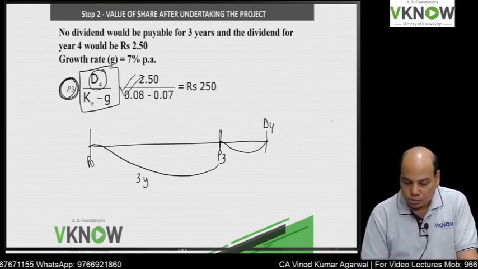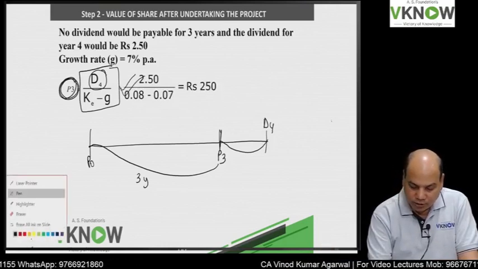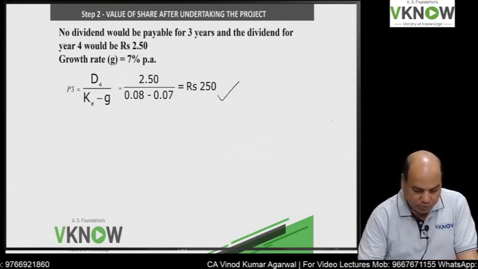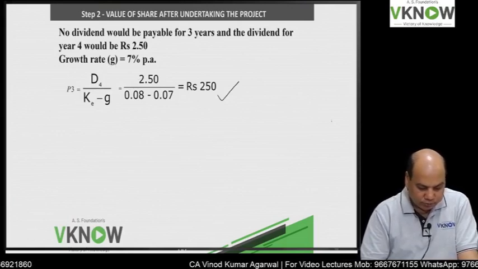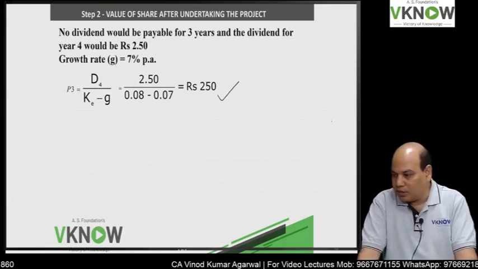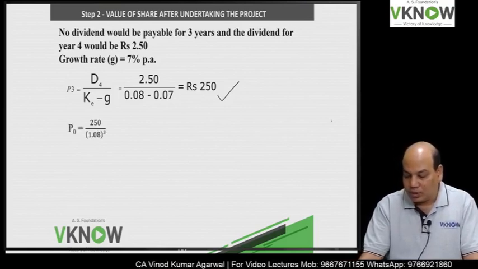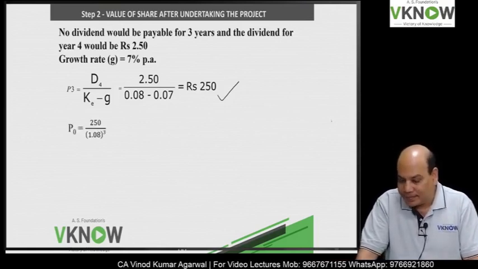Write down 2.50 divided by 8% minus 7%. So P3 will be equal to 250. Very good. Those who are replying, very good. But don't stop here. Get P0 also.